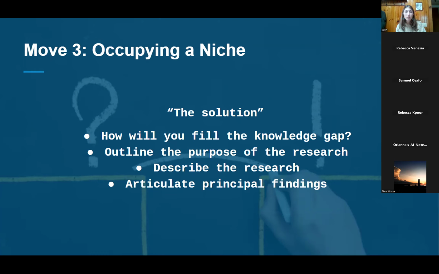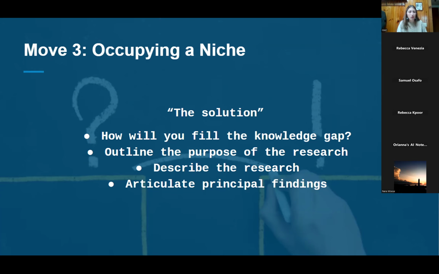Here's where you outline the purpose of your research, give a little background into the methods, just a quick overall summary of your methods, and then you start to articulate the major findings of your article or your presentation. They can be small findings too.